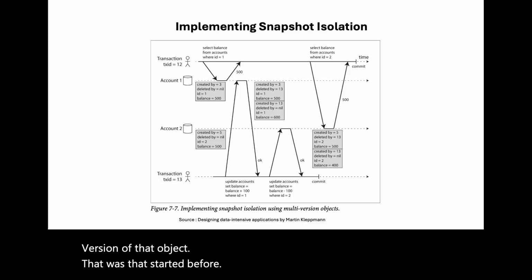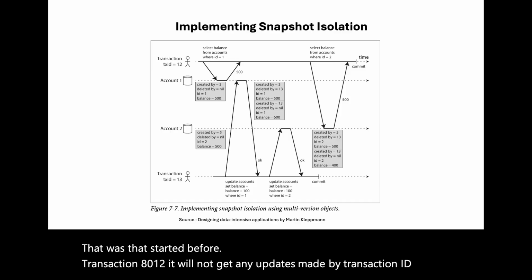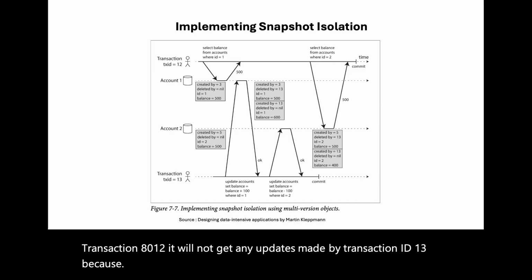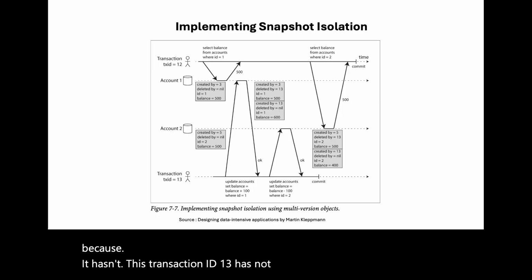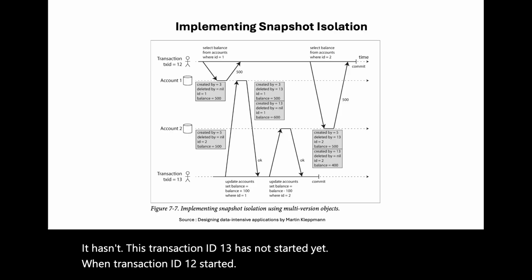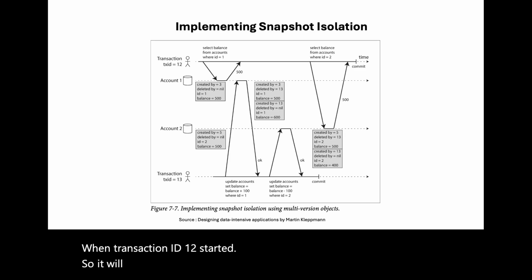It will not get any updates made by transaction ID 13, because transaction ID 13 had not started yet when ID 12 started. So it will still get the value of 500, and it then commits.